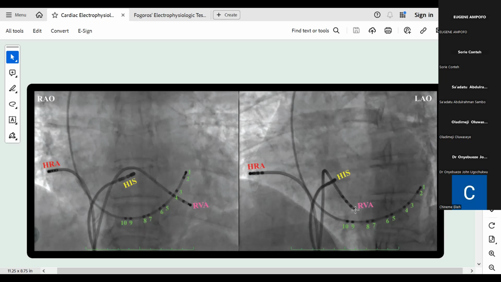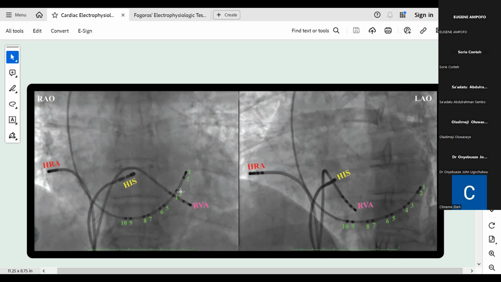That's the meaning of LAO. You have shifted the image to the left side. So the next thing you notice is that the RV apex cannot go beyond the left. Remember that this catheter is in the RV apex. You can see the catheter is not getting close to the CS.